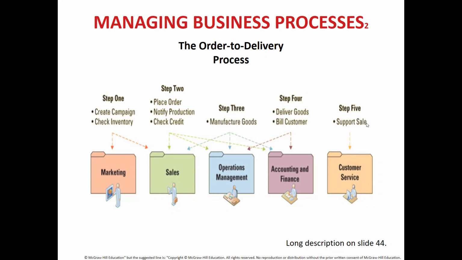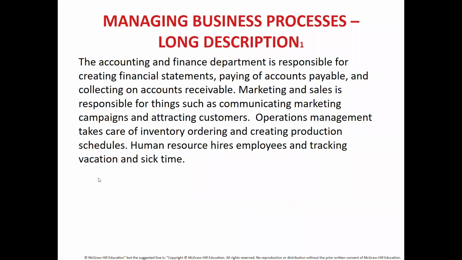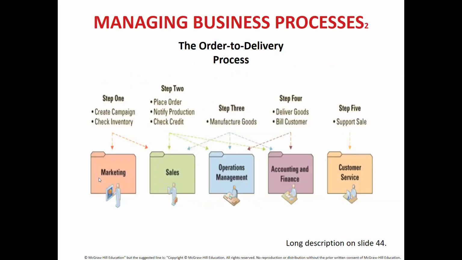What they do is they provide support to customers to whom they've just sold the item. So this is how the general processes are. Step one, you have the marketing team coming in. They create campaigns and try to market the product. Step two, you have the sales team. Based on what the marketing team has done, the sales team is able to get the sale. Upon getting the sale, they alert the operations management team to manufacture goods and services.